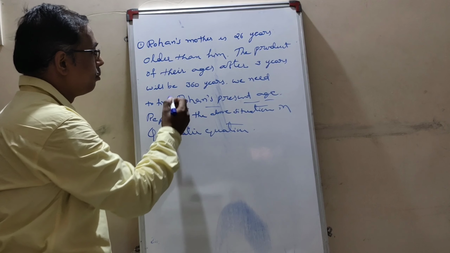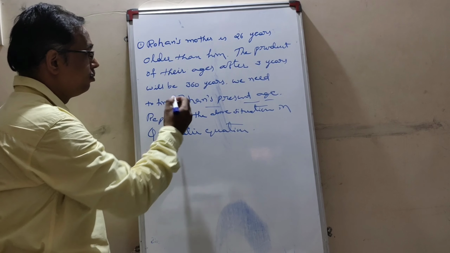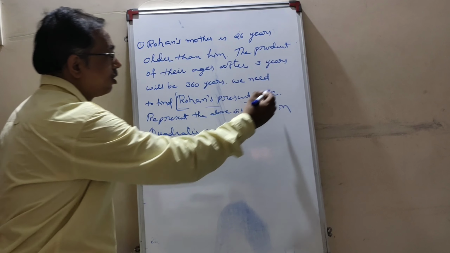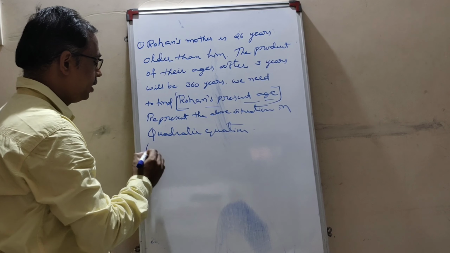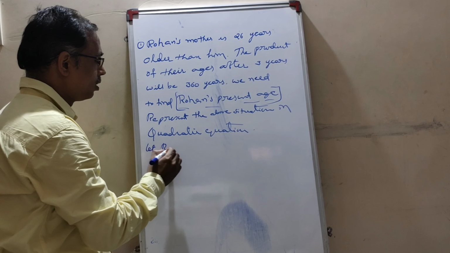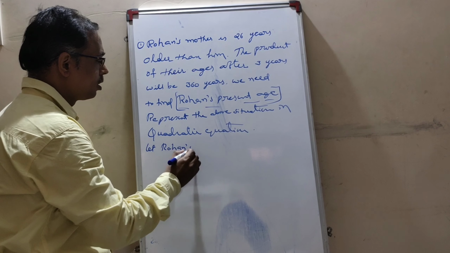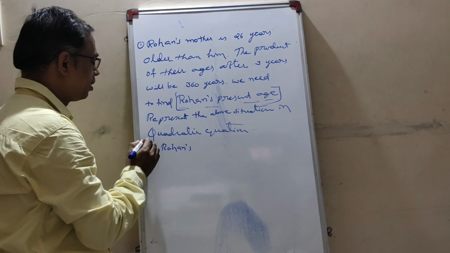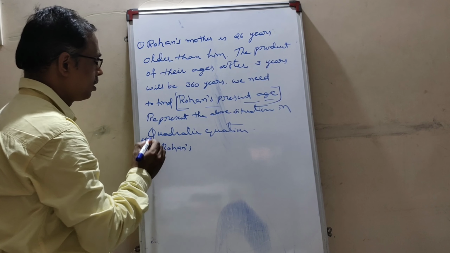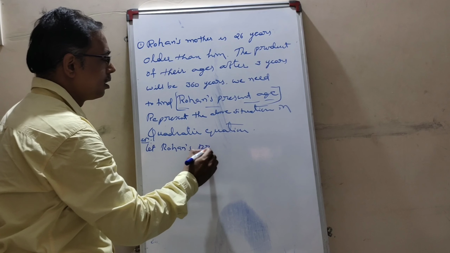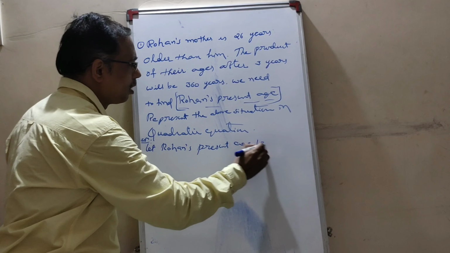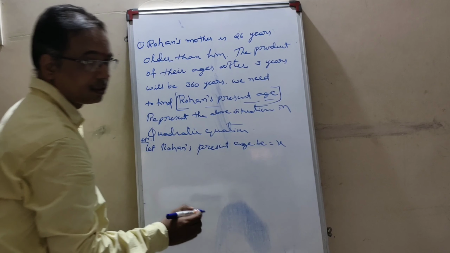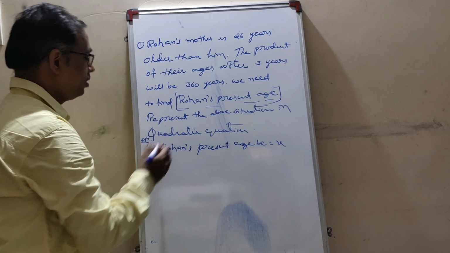So that's why, beginning the problem, we first assume Rohan's present age. Let Rohan's present age be x years.